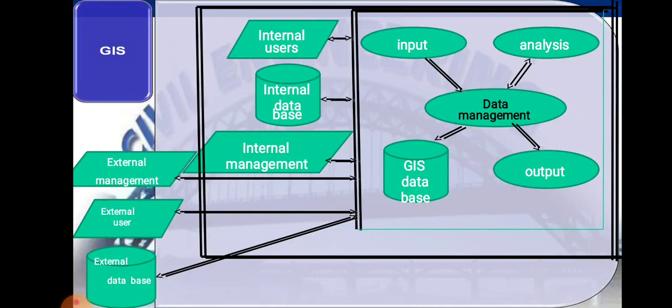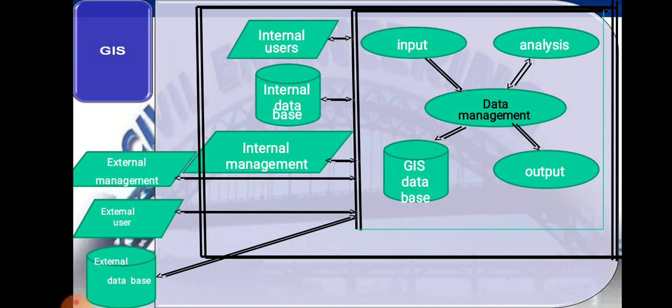This flow chart shows you how internal and external users with the data management and output process take place. Internal users, internal database, internal management, where this particular data management system takes place.